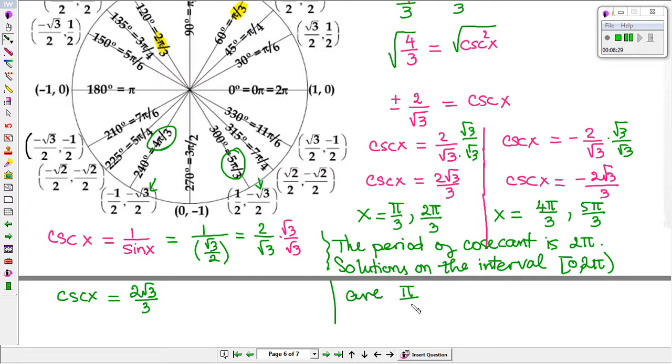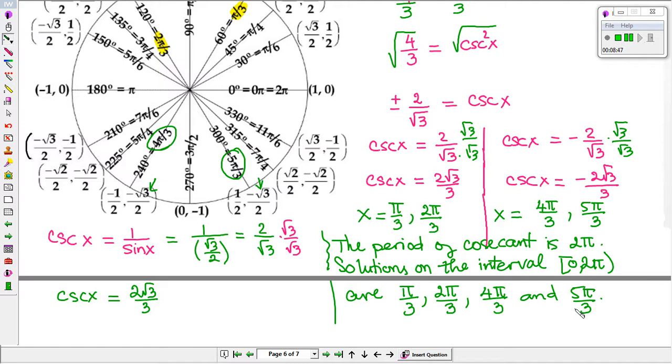I'm going to go ahead and write these four solutions from 0 to 2 pi: pi over 3, 2 pi over 3, 4 pi over 3, and 5 pi over 3.